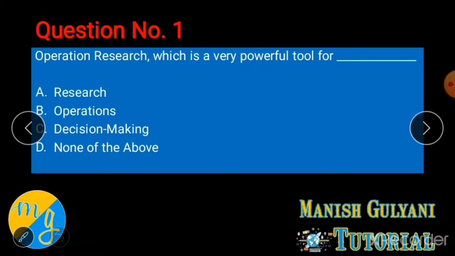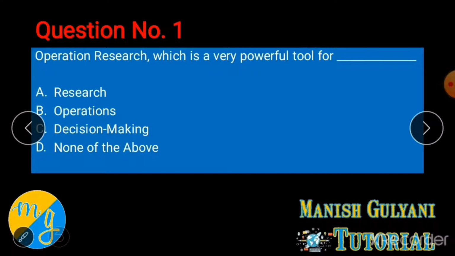So, let's start with question number 1: operation research is a very powerful tool for research, operations, decision making, none of the above. If you remember, during each chapter I always used to say one line, OR is all about decision making and problem solving.